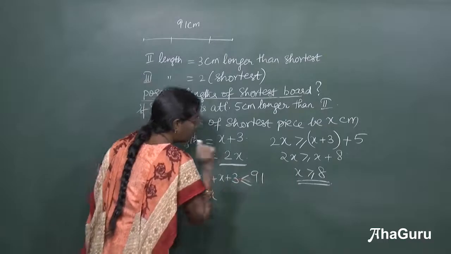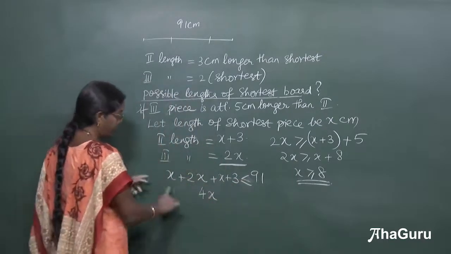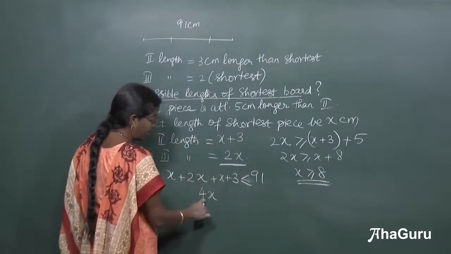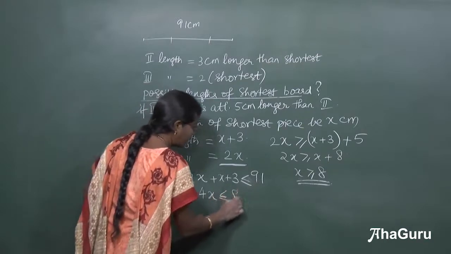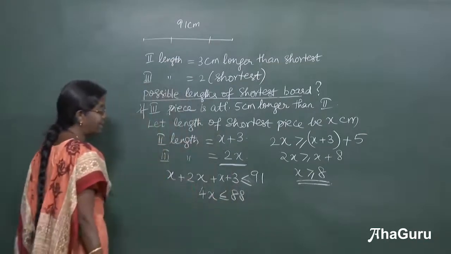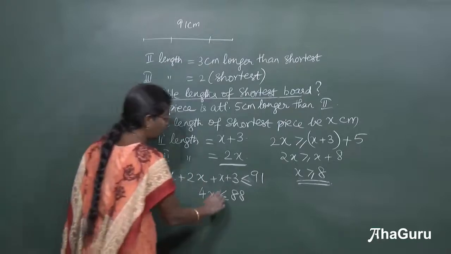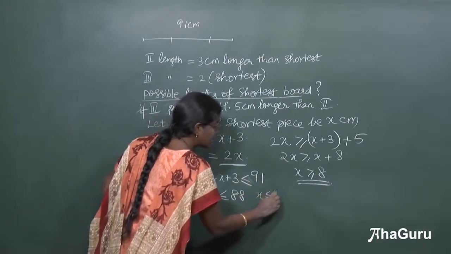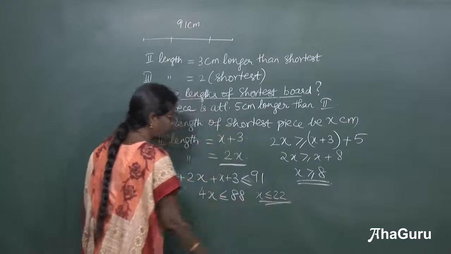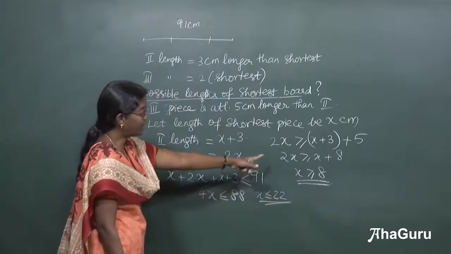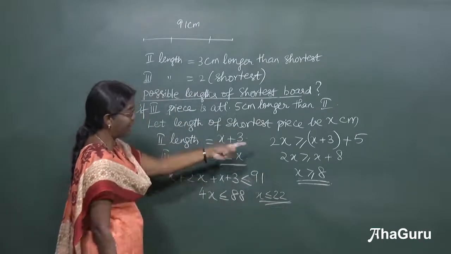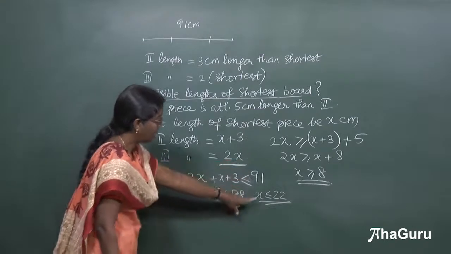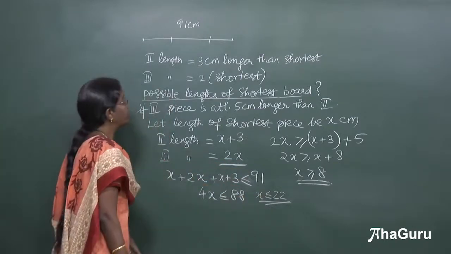So, this should be less than or equal to 91. X terms, if you add, you get 4x, will be less than or equal to 88, that is 91 minus 3, or this gives you x is less than or equal to 22. One inequality is x is greater than or equal to 8, the other one is less than or equal to 22.